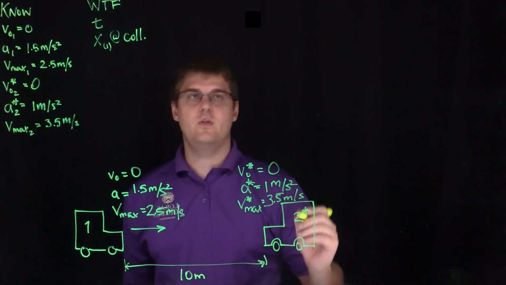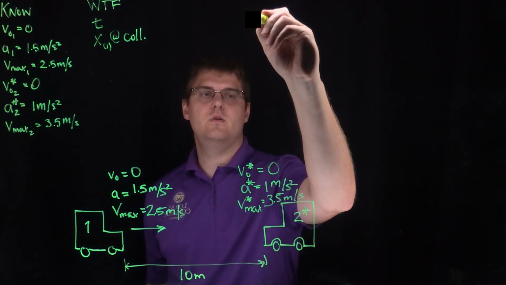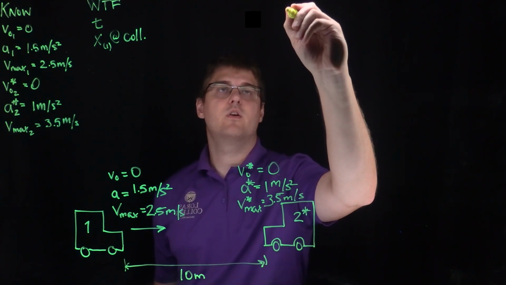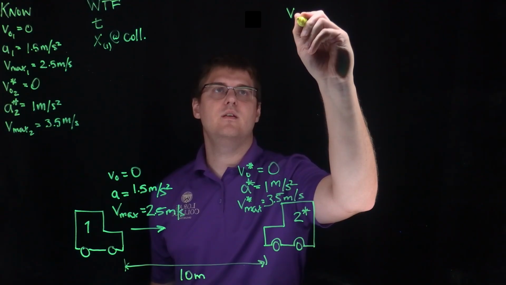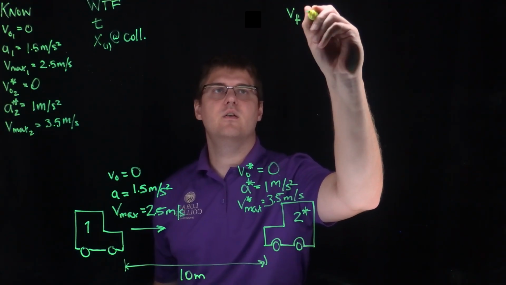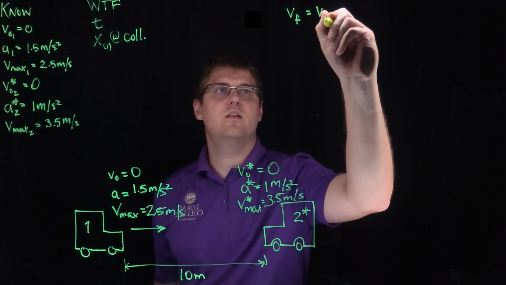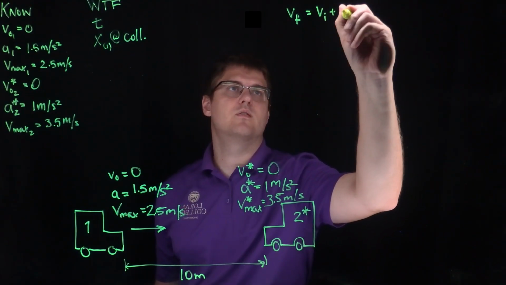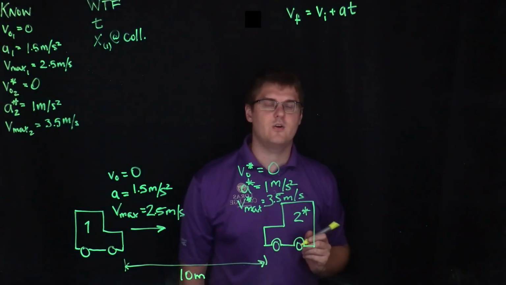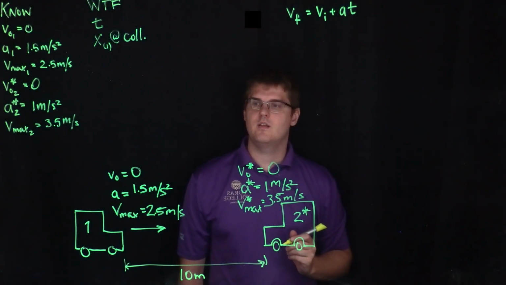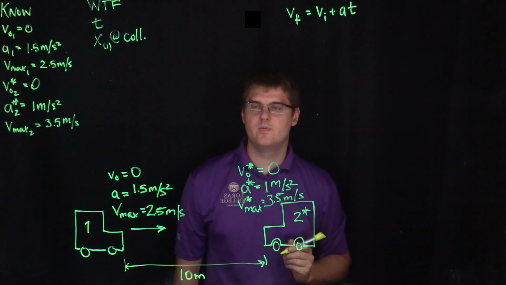In order to do that, my equation, velocity final, is going to be equal to velocity initial plus acceleration times time. And I said I was trying to figure out the time that it took to get to maximum velocity.